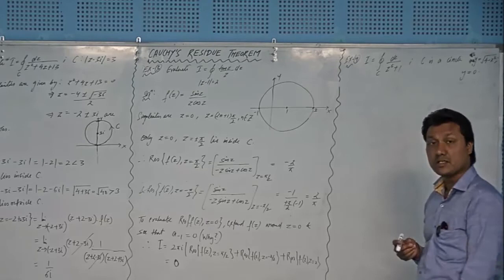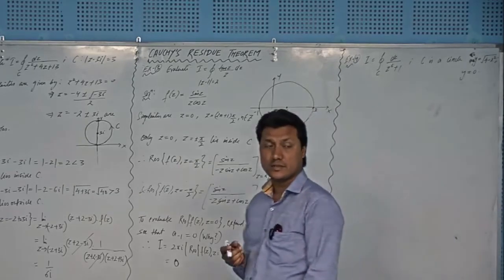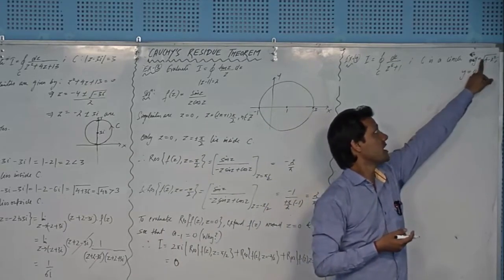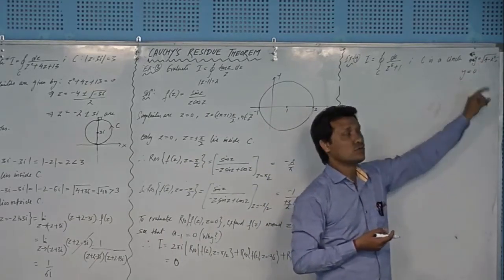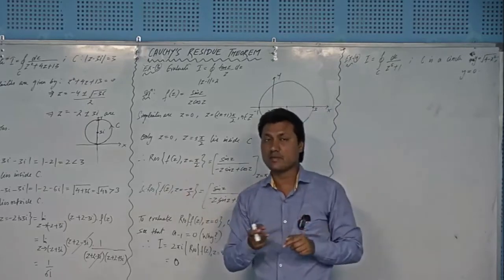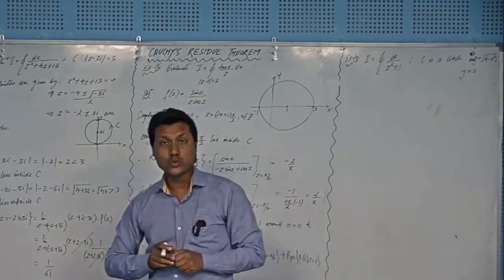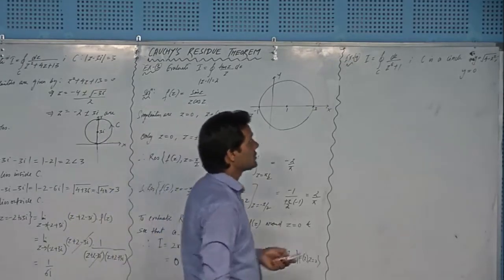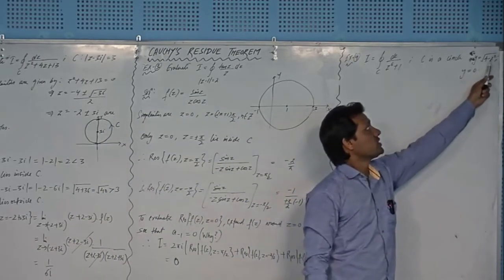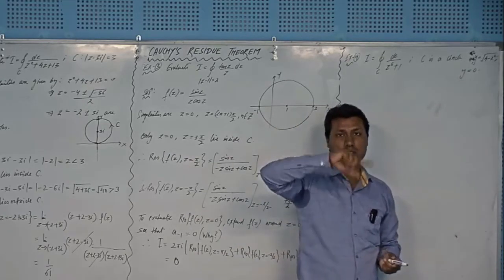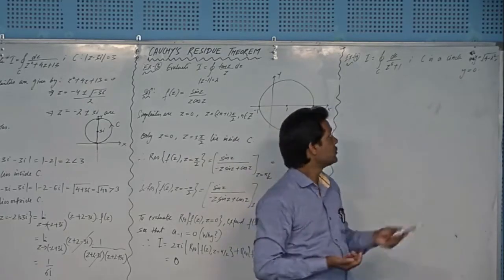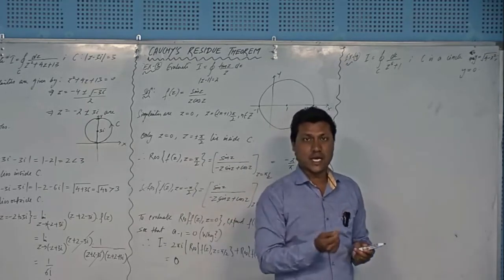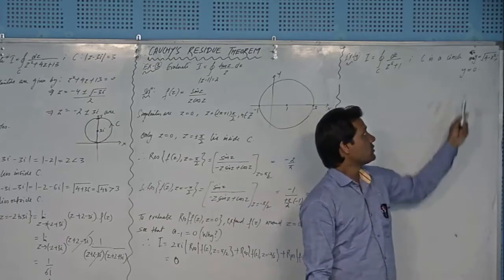So this is a semicircle, the upper semicircle, right? y equal to the square root of 4 minus x square is a circle, but here we have the plus sign also, and y equal to 0 means the semicircle together with the diameter, right? In order to get the contour closed, I have to put this y equal to 0. You cannot just take y equal to the square root of 4 minus x square. This is a semicircle in the upper half plane, but you should close your C, and in order to get a closed contour, you should take the diameter also. That's why we have added y equal to 0 here, right?